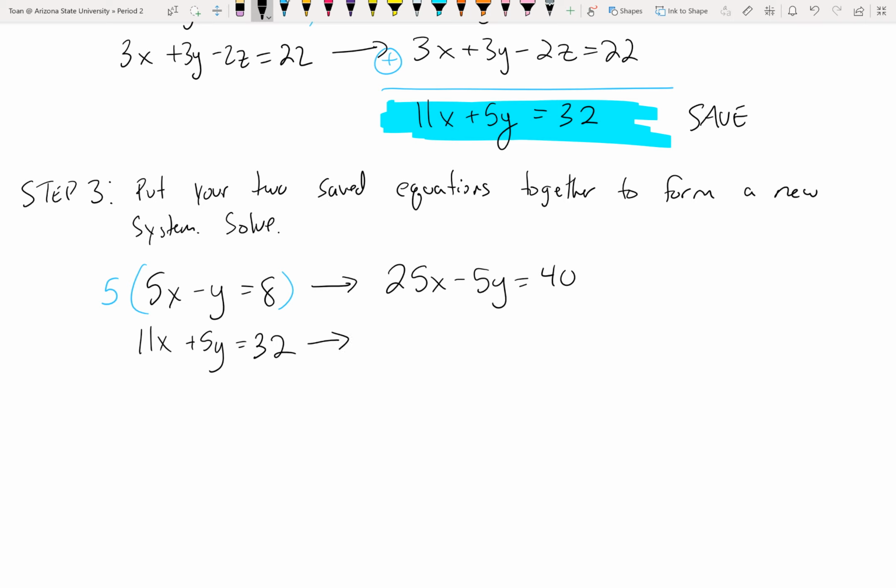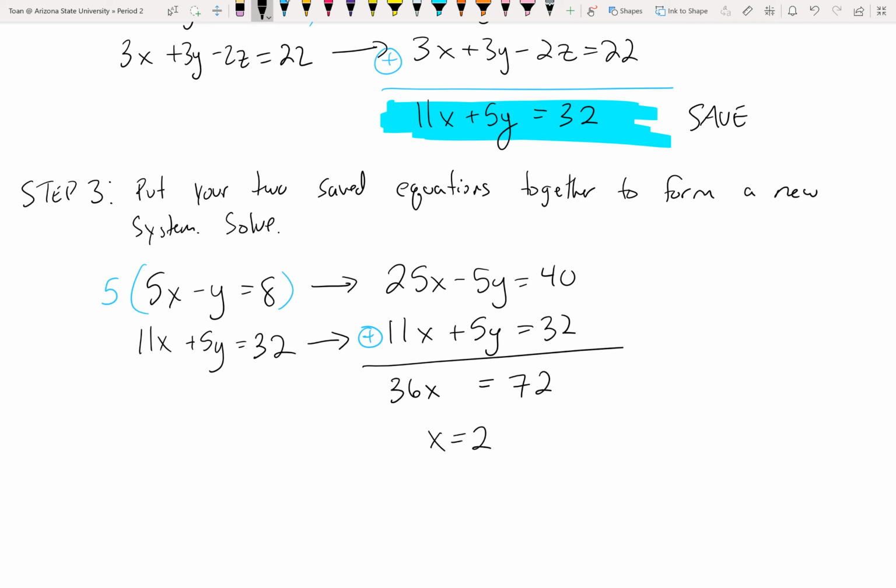The bottom equation, the y is already a 5, so I leave them alone. Then I'm going to go ahead and add these two equations. So 25x plus 11x is 36x. Negative 5y plus 5y cancels out. And that gives me a 72. Divide both sides by 36, gives me x equals 2.